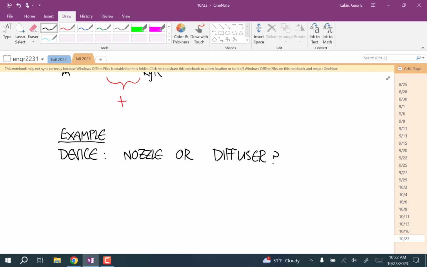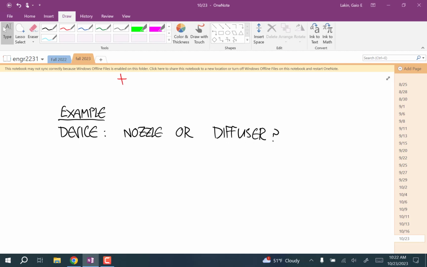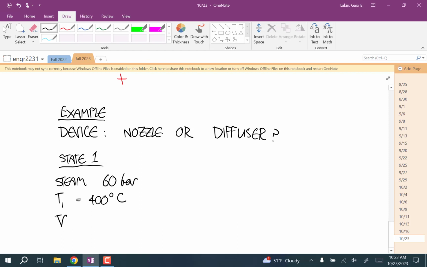All right, so at state 1, I mean, we don't know that this is the first state, we're trying to figure out which one happens first. But let's say that we have steam at 60 bar and a temperature of 400 degrees Celsius and a speed of 30 meters per second.